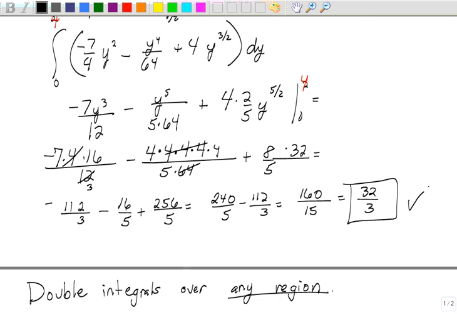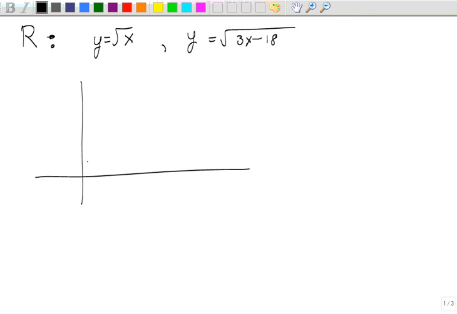Okay, let me show you another example of that. Let's say our region here is y equals square root of x, and y equals square root of 3x minus 18. That's what our bounds are going to be. So let's draw that first. And they intersect. This is y equals square root of x.